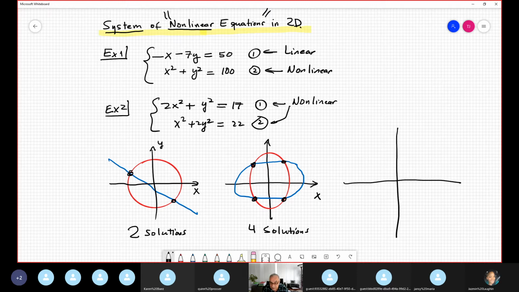We have another possibility. Suppose my first equation represents a small circle like that, and my second equation represents a parabola like that. So we have no solution because there is no common point between the parabola and the circle. So this is the no solution case.